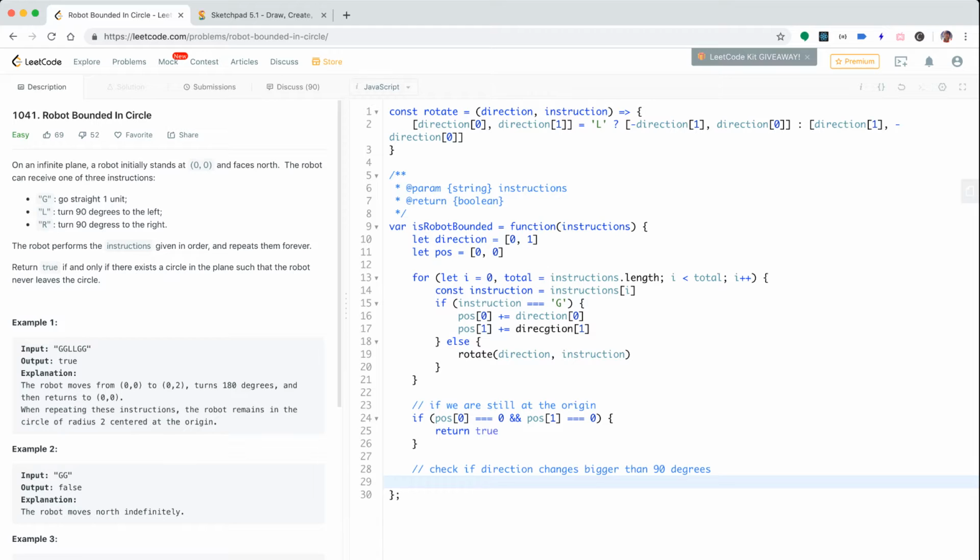So how can we check it's bigger than 90 degrees? Well, this is another formula. It's cosine theta, cosine alpha, okay? For two vectors, we need to calculate the theta.